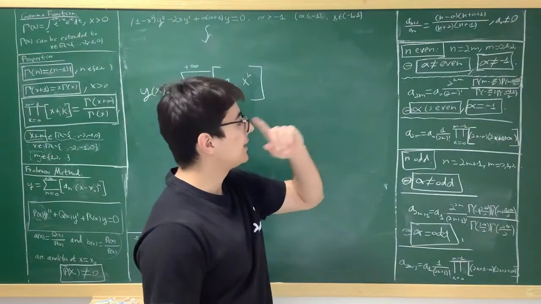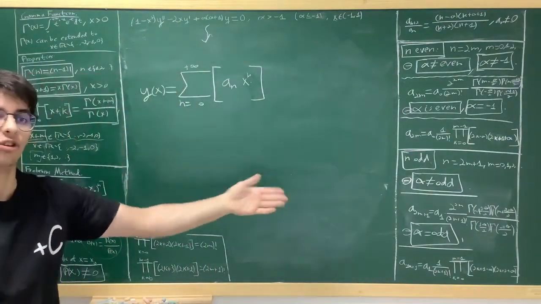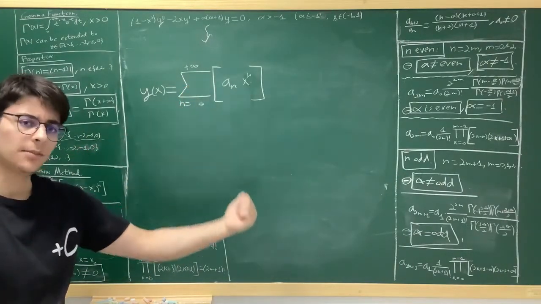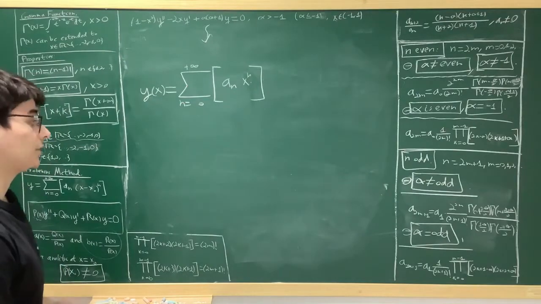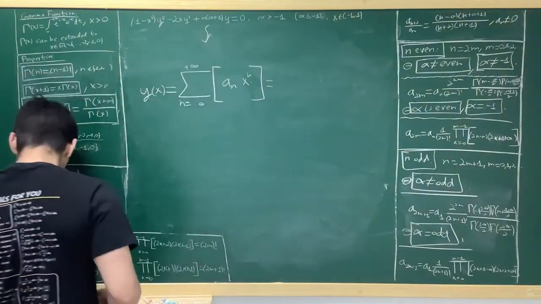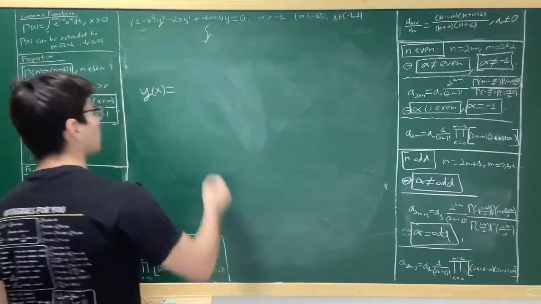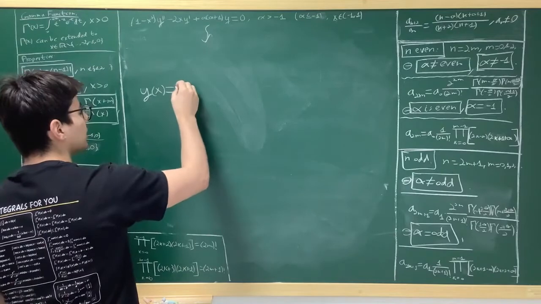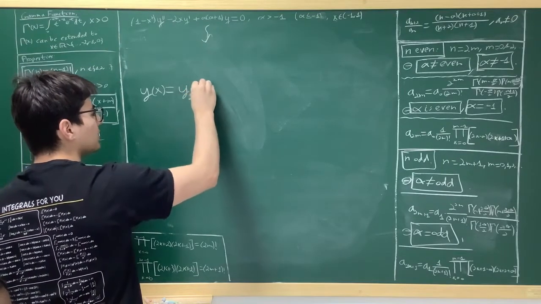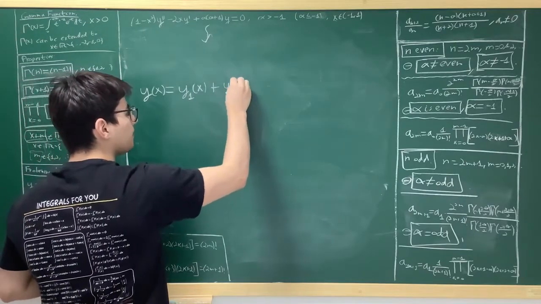We have a_n for n even and a_n for n odd. So we will actually divide the sum into the even and odd terms. So the sum will be, let me just write it like this: this function would be y1(x) plus y2(x).